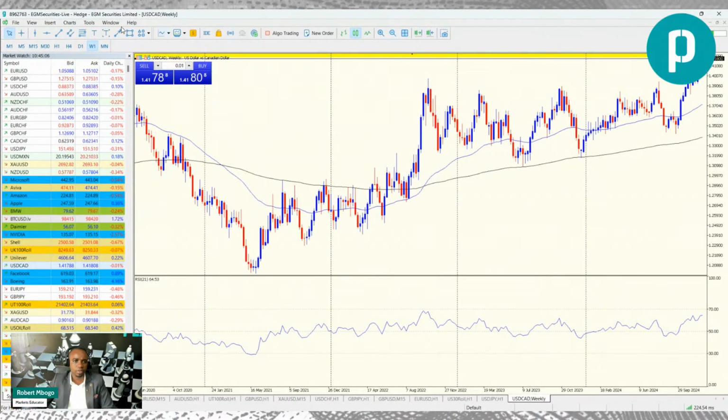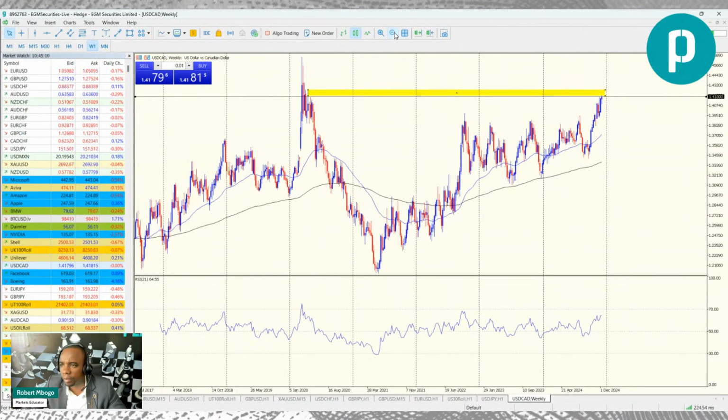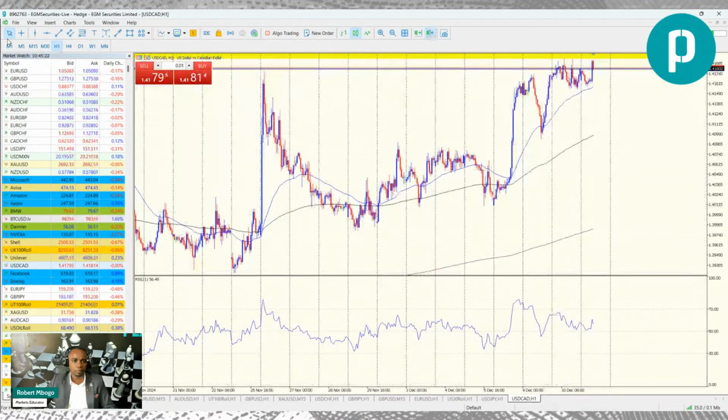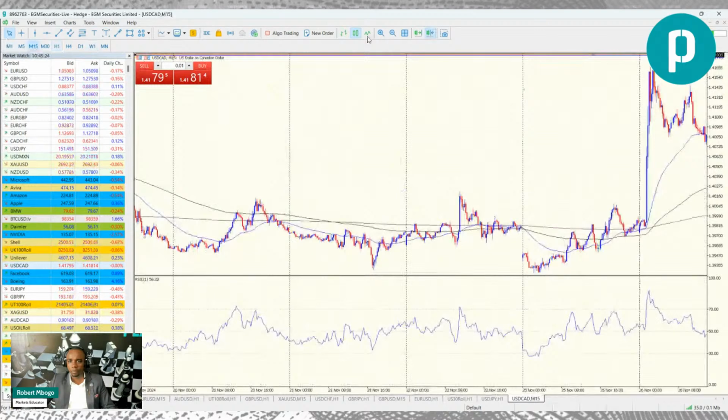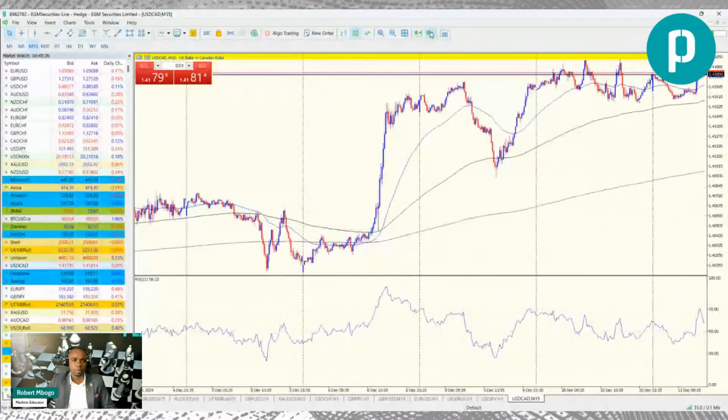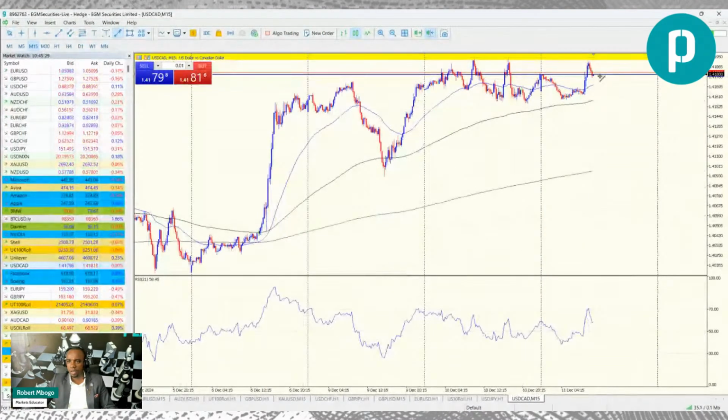So maybe we should see that whole order block played out before a bearish trend. I'll still want to see how the market reacts to this high before considering short trades on this one.